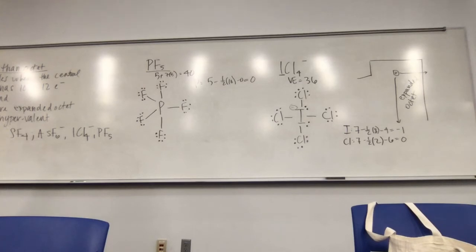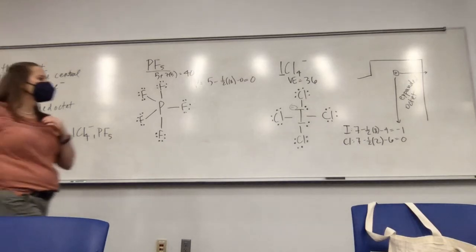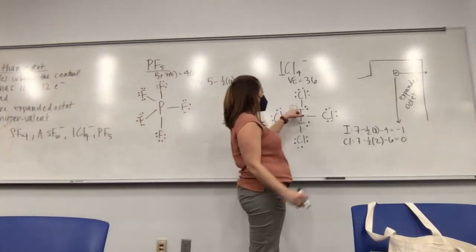Other questions? Yeah? When finding the formal charge, do we just ignore the charge on the actual thing, like the Cl negative? So in this case, the negative charge is only on the iodine. Are you asking if we should put it in brackets? No, like when you do the valence electrons minus half of the bonding, like 7 for chlorine, would you just ignore the negative charge on the compound?